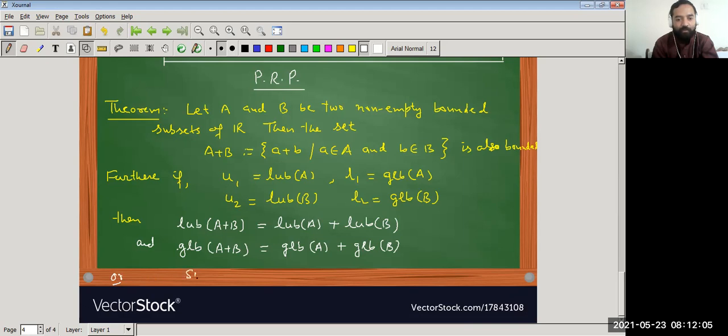Supremum of A plus B is equal to supremum of A plus supremum of B, and infimum of A plus B is equal to infimum of A plus infimum of B. So this is the result.